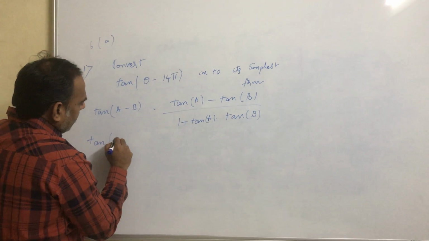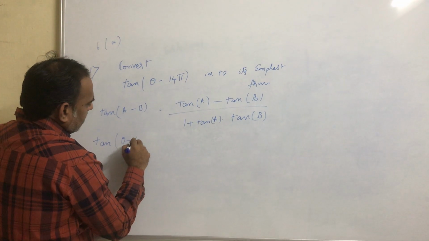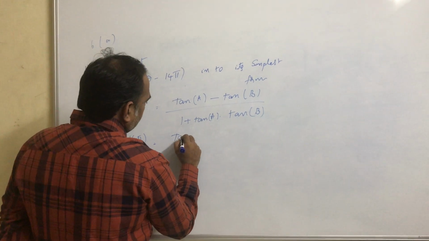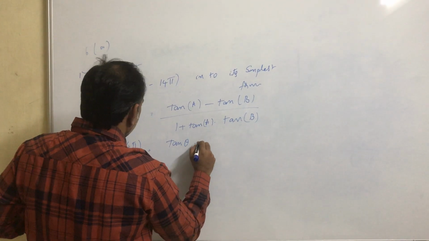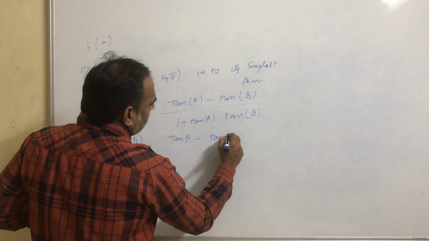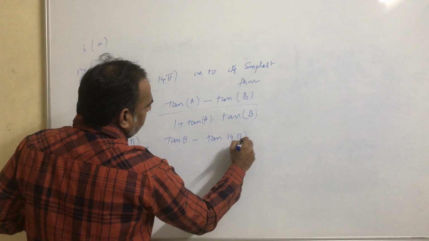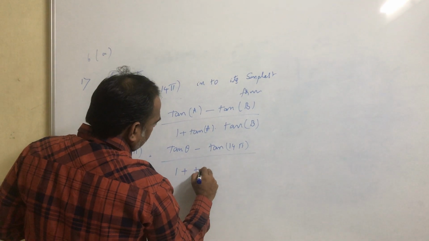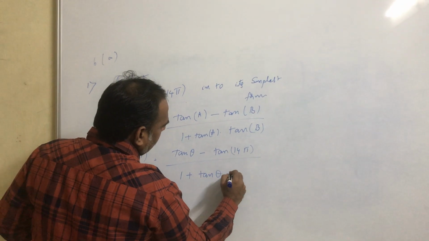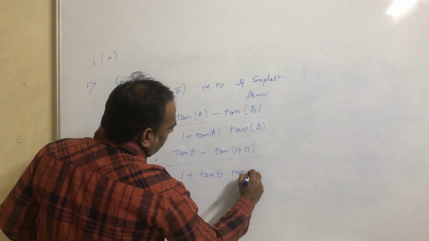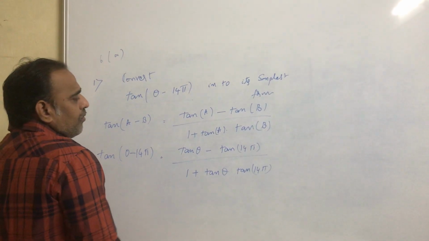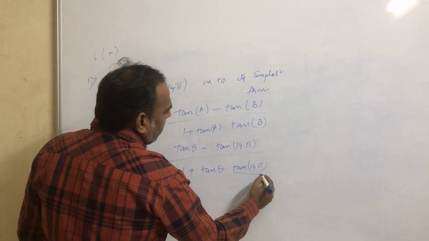If we expand tan theta minus 14 pi, then it is tan theta minus tan 14 pi divided by 1 plus tan theta into tan 14 pi. Now we should know what is the value of tan 14 pi, right?